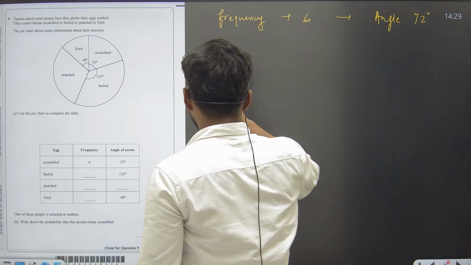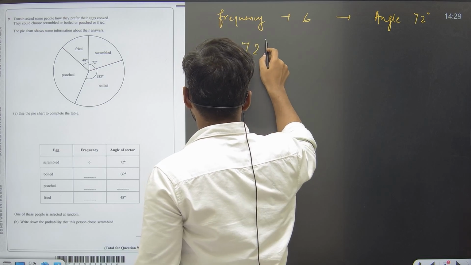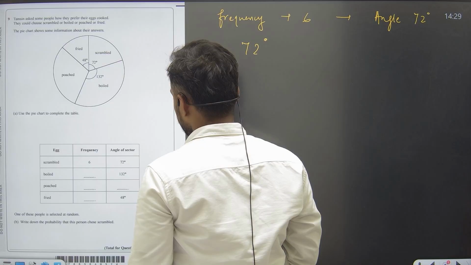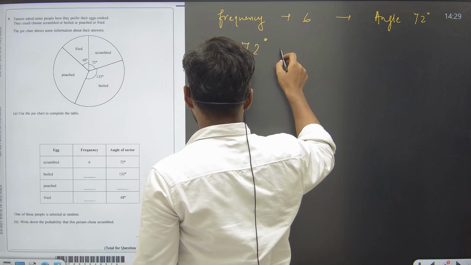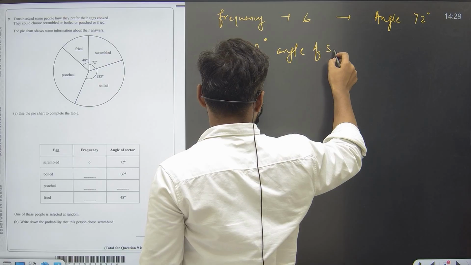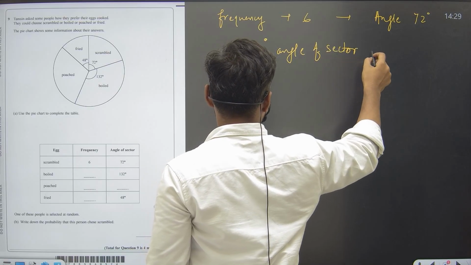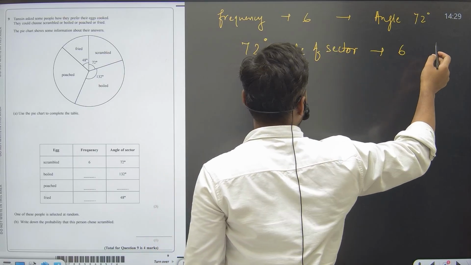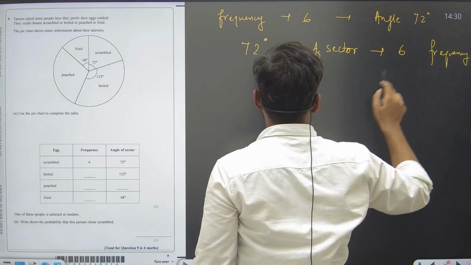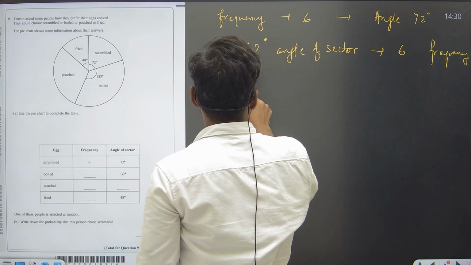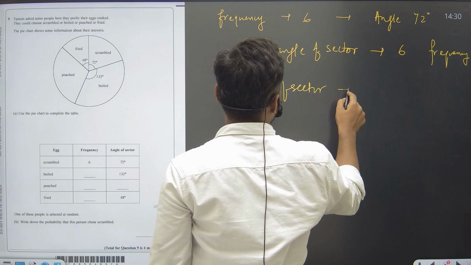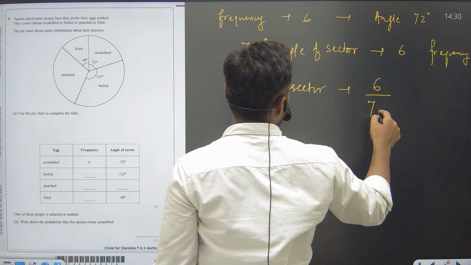So we can say from here, we will be applying the unitary method, students. For a 72 degree angle of a sector, we have got 6 as the frequency. So for a 1 degree angle of a sector, how much will we get? Applying the unitary method, that is 6 by 72.